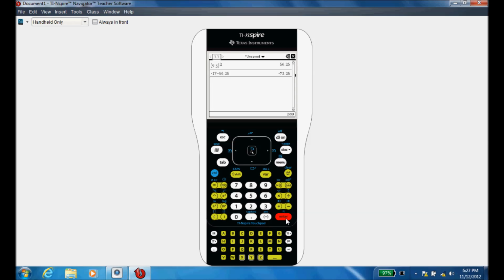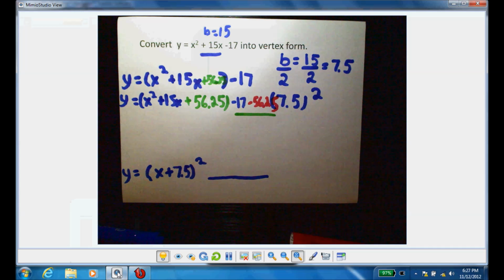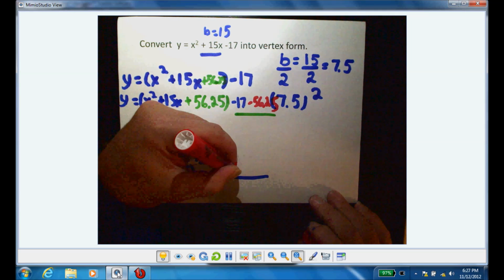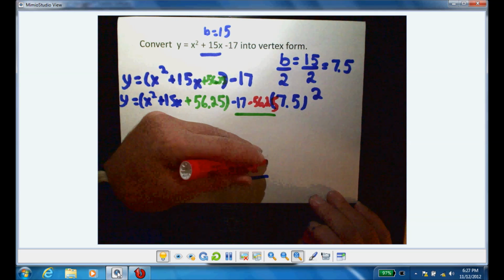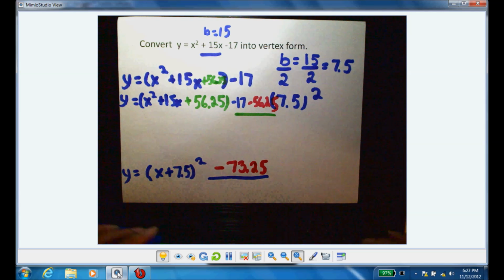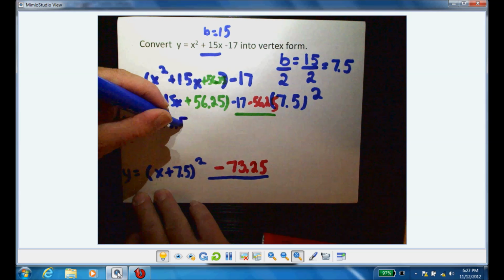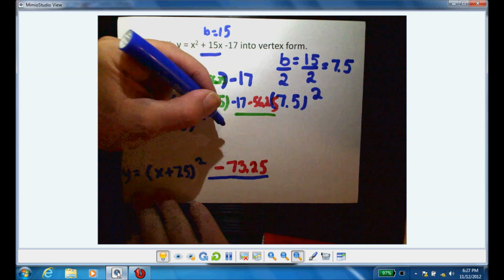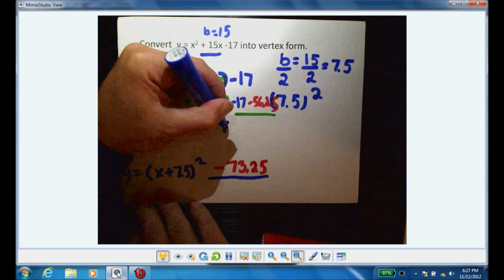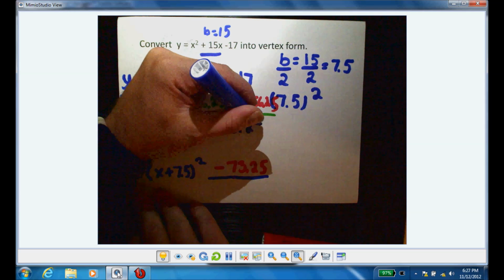Okay, so I'm going to go back to my original equation. Since that was negative 73.25, that is what I'm going to put right here. So my equation, in vertex form, is y equals x plus 7.5 raised to the second power minus 73.25.